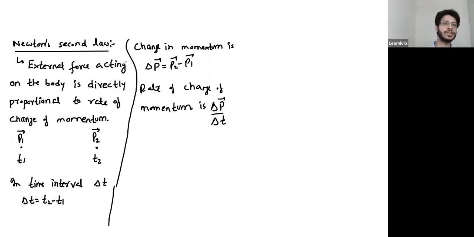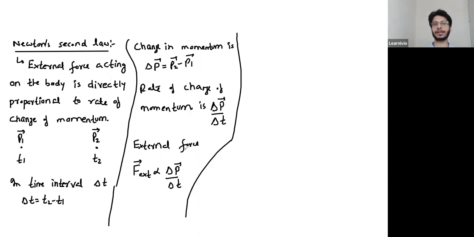Newton's second law says that if you apply an external force on the body, F external is directly proportional to rate of change of momentum. This is Newton's second law.